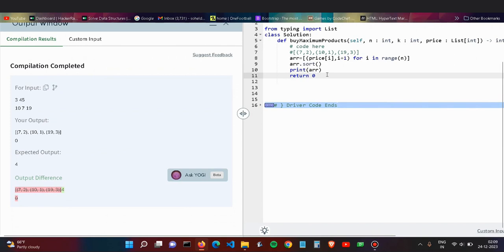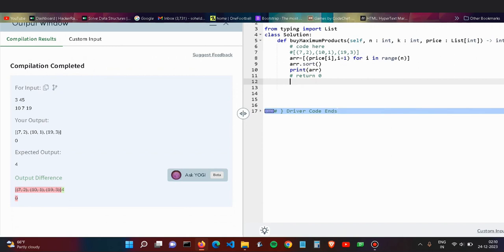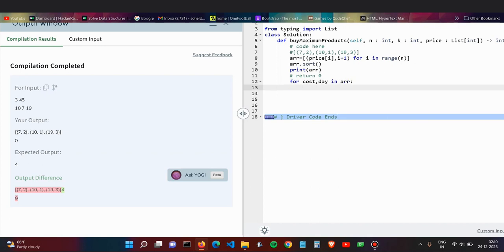So we will run a loop for cost comma d in the array.